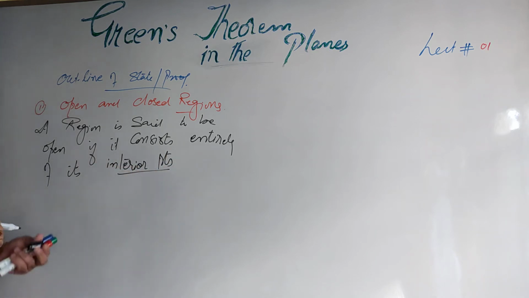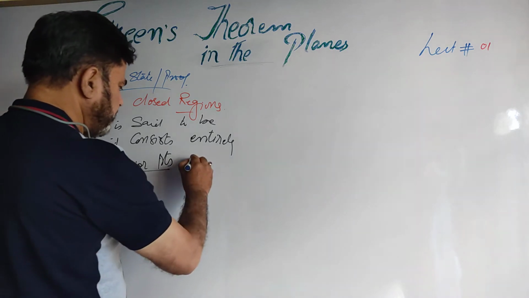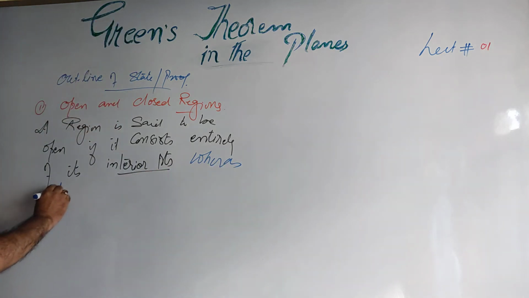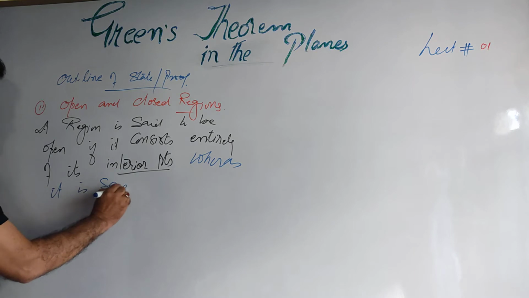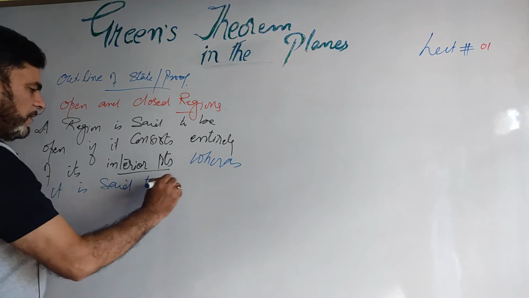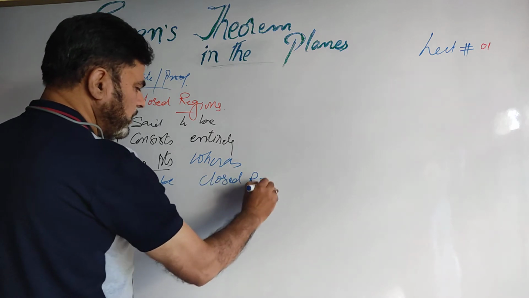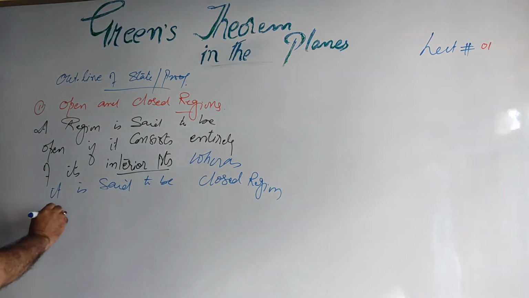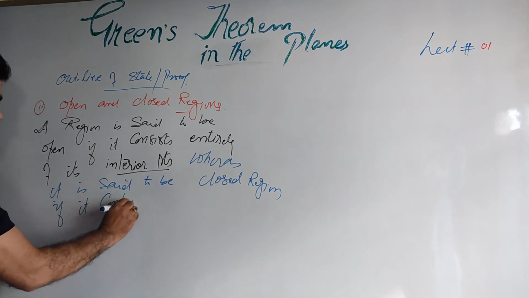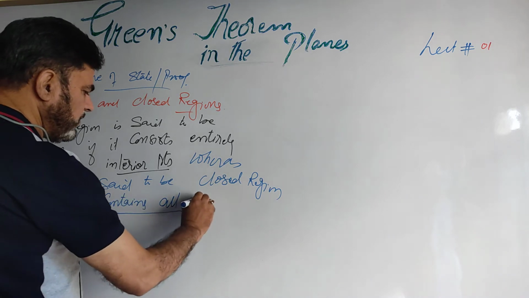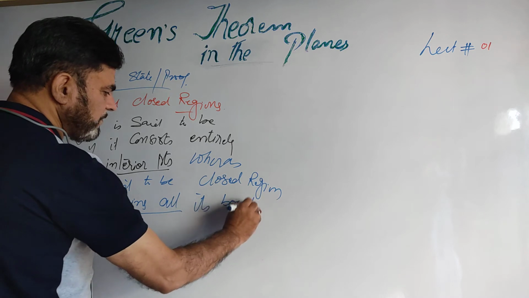It consists only of its interior points, whereas it is said to be a closed region if it contains all its boundary points.